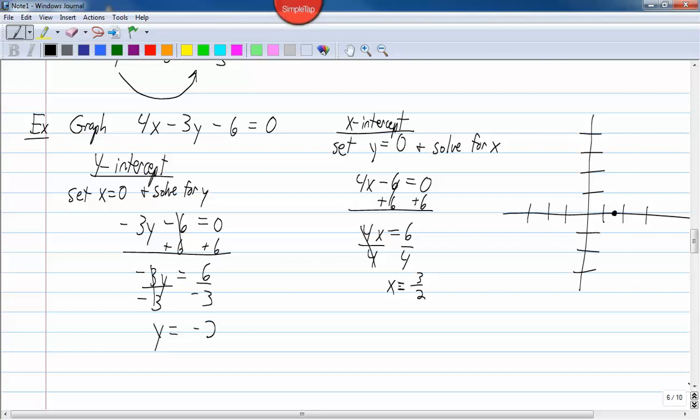So y equals negative 2. So go to where y is negative 2 and put a point. There's the graph. So we can graph that equation without making a table, just finding the x-intercept and the y-intercept.